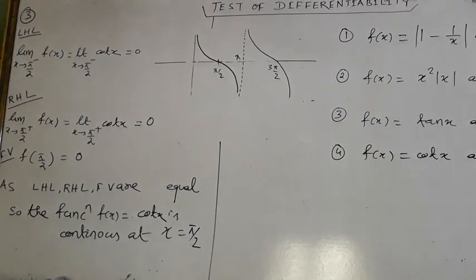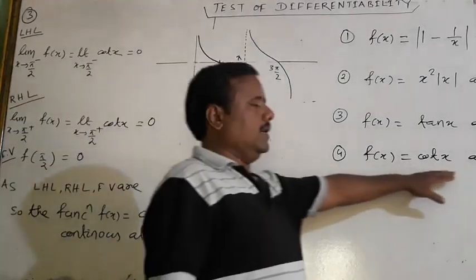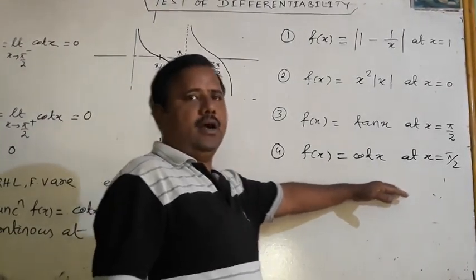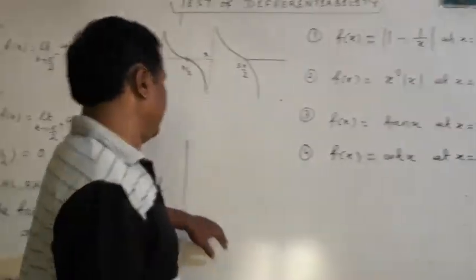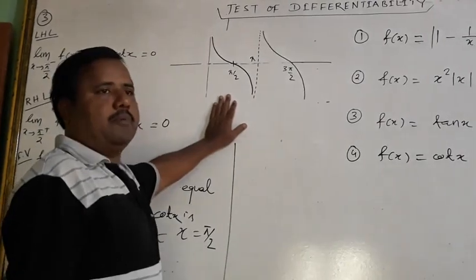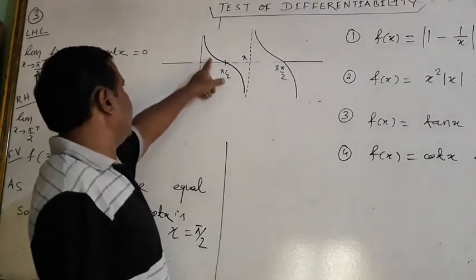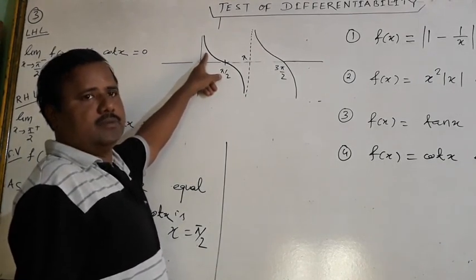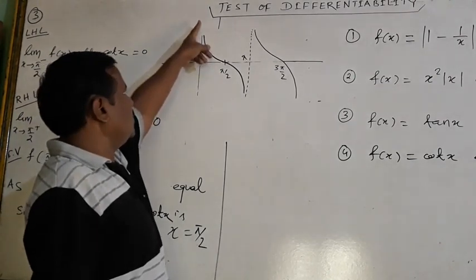Now look here. We have to test the continuity and the differentiability of f(x) = cot x at x = π/2. And this is the graph of y = cot x. When x is 0, cot 0 is cos 0 by sin 0; cos 0 is 1, sin 0 is 0, so 1 by 0 tends to infinity, and the graph goes to infinity.